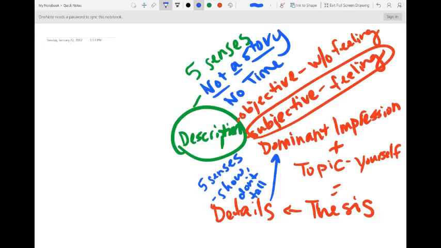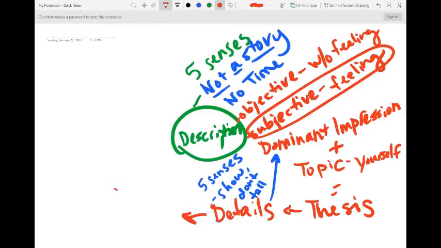So whatever impression you're trying to give about yourself, those are the details you should include, because those details then give us the dominant impression. Okay, so if some detail does not fall under the dominant impression you're trying to convey about yourself, then that's not a detail that you need to include.